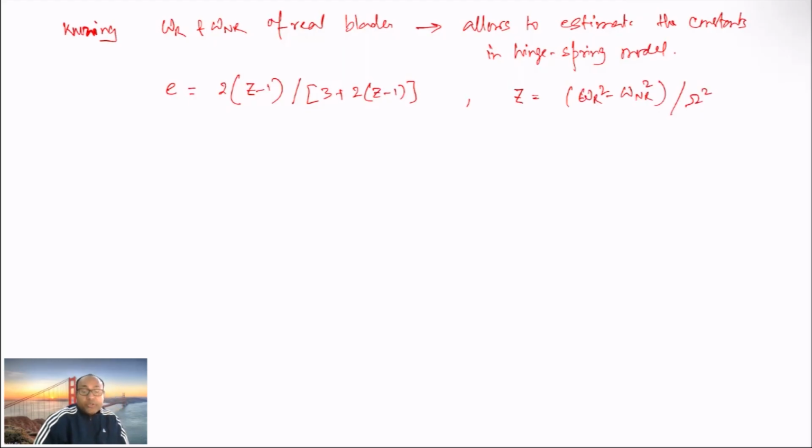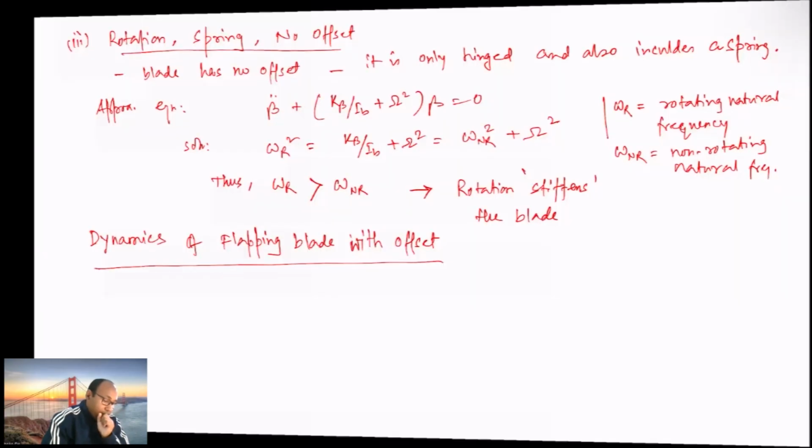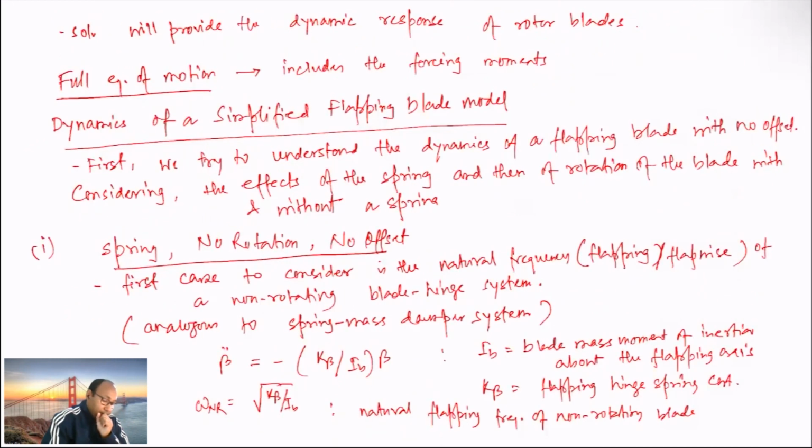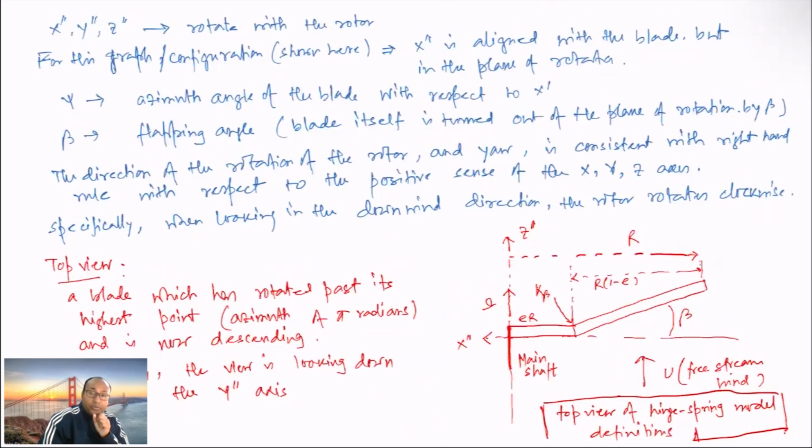So we have this offset, which is the fractional distance from the axis of rotation, and this is what we have shown in the picture here. If you remember, that is the E introduced here, which is the offset.